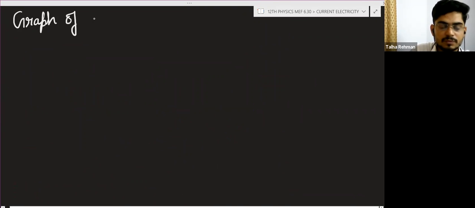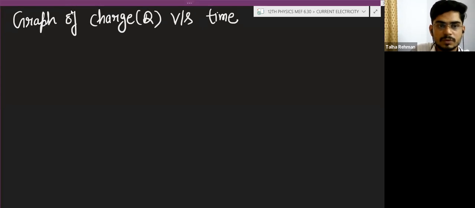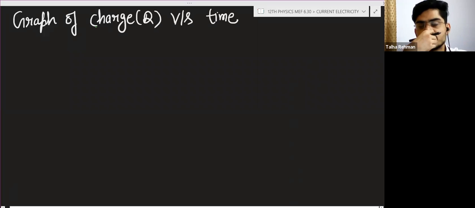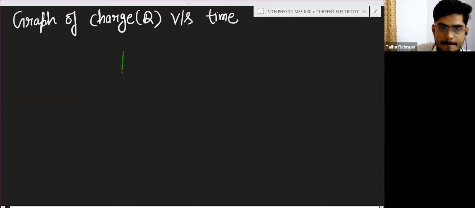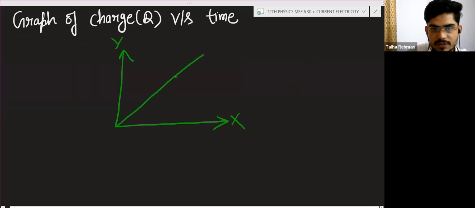Graph of charge Q versus time. If this is the y-axis and this is the x-axis, the graph of charge and time will be like this.